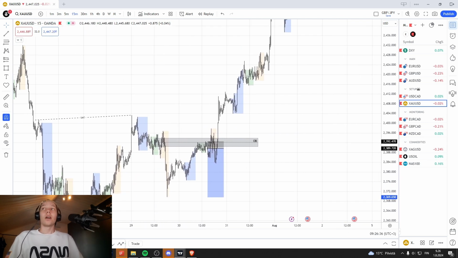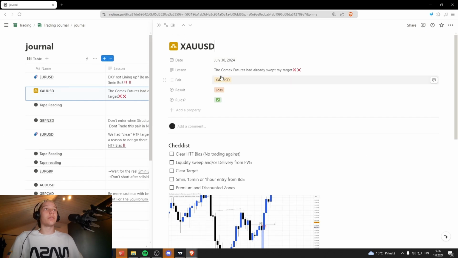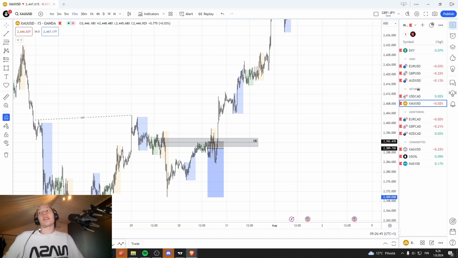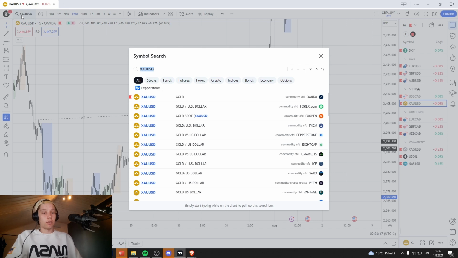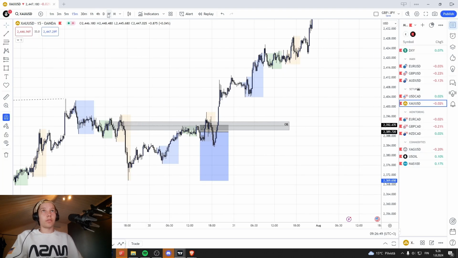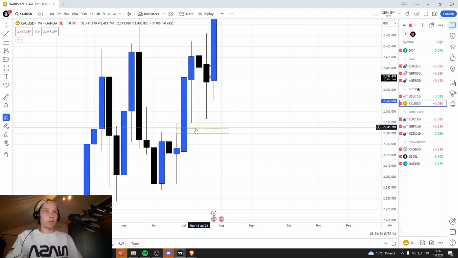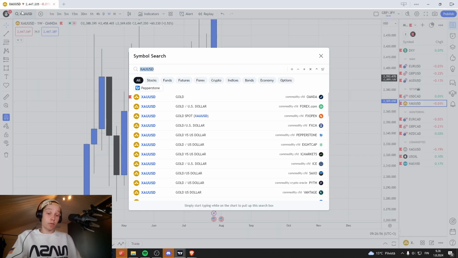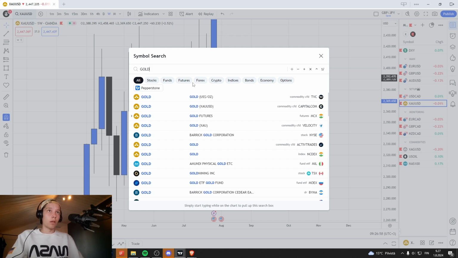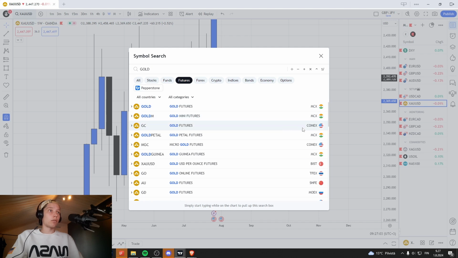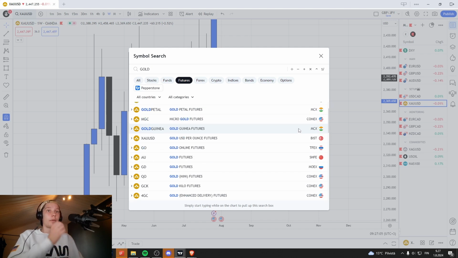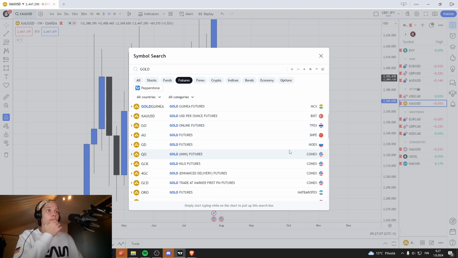I also journaled this trade, and you can see what I've written here in the lesson. The COMEX futures had already swept my target, so that should be super off-putting. So put in your mind that the only reason why I was shorting was that unmitigated fair value gap. But if you go to gold futures, go to the COMEX, that's the American thing.